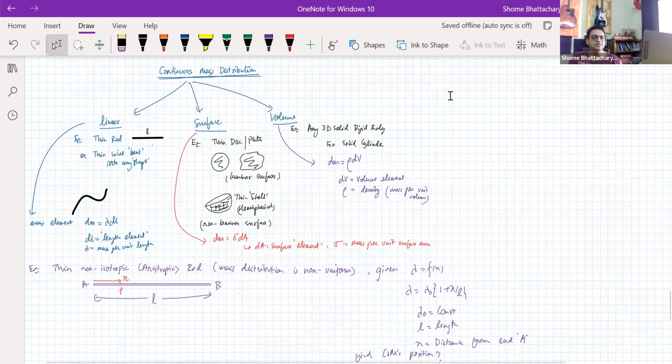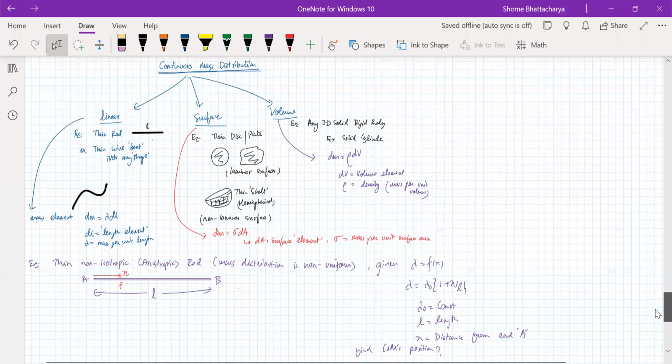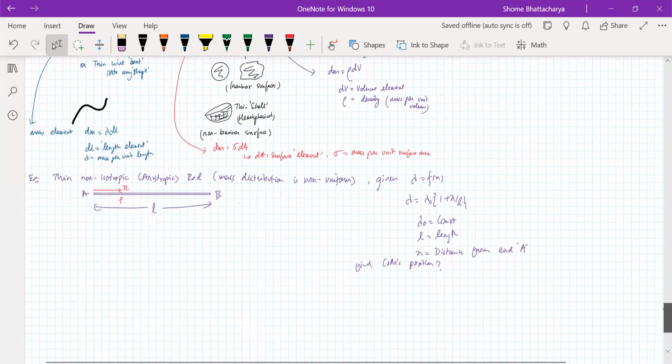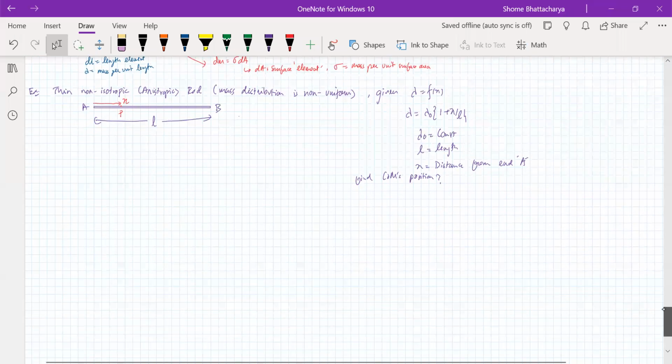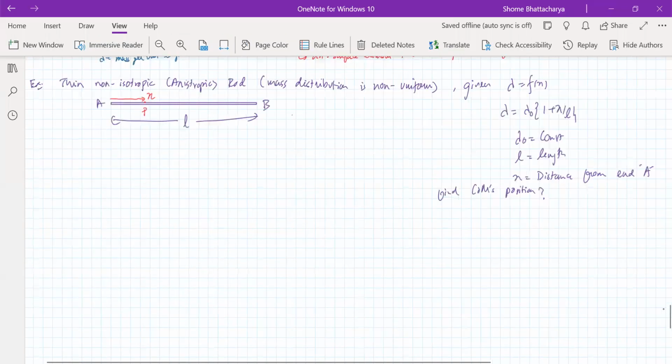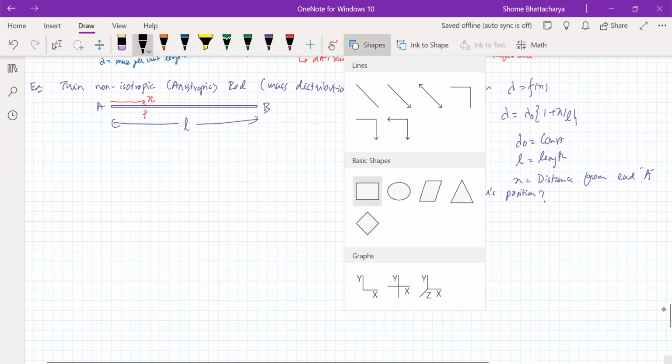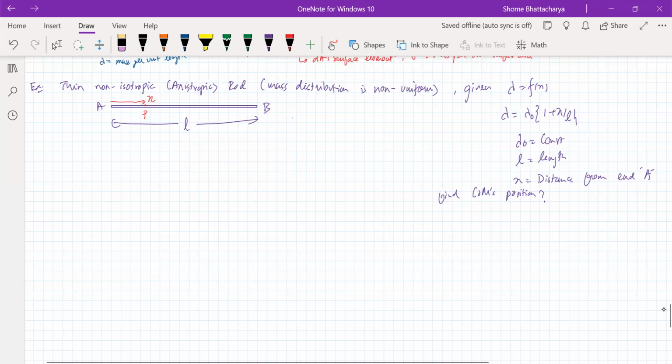Since this is a linear distribution of mass, we will use the formula. In the integration formula of center of mass position, we will substitute dm as lambda dl. In this case, it will become lambda dx, because we will take the direction along the length of the rod as x.